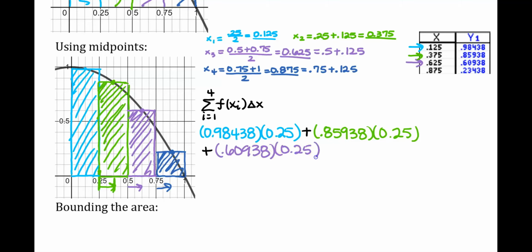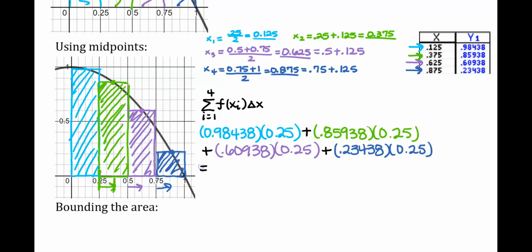All these rectangles have width 0.25. That's never going to change in these problems. The width is going to be consistent as long as you're always working with the same number of rectangles. The height of our last rectangle is the function evaluated at 0.875, which is 0.23438. And I will multiply that by the width of the fourth rectangle, which is 0.25.